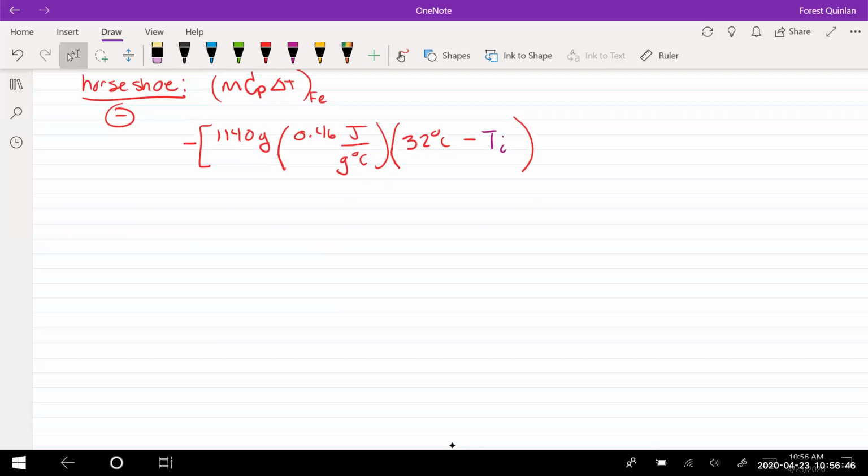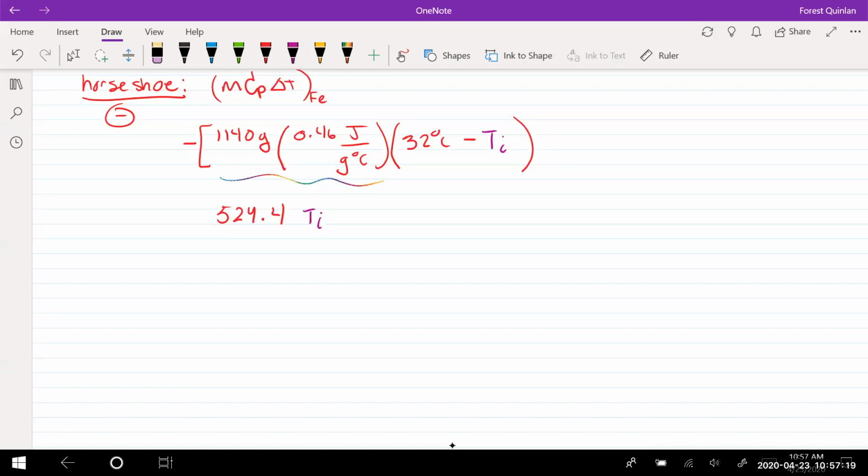So let's go ahead and do some multiplying here. I need the 1140 times 0.46 if you could. I believe that's going to be somewhere around 500. It's 524.4. Okay. What I did there, I'm going to multiply that by my initial temperature.